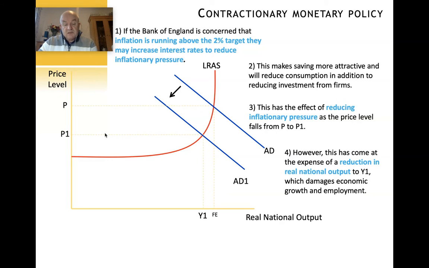However, the issue is that if that does happen, and this is where the balancing act comes in, we've got the expense of that reduction in real national output to Y1, which could damage economic growth and also employment, because clearly, if less is being demanded, businesses might choose to either reduce their level of staff and also reduce their level of output, which obviously is then going to have an effect on economic growth and development.